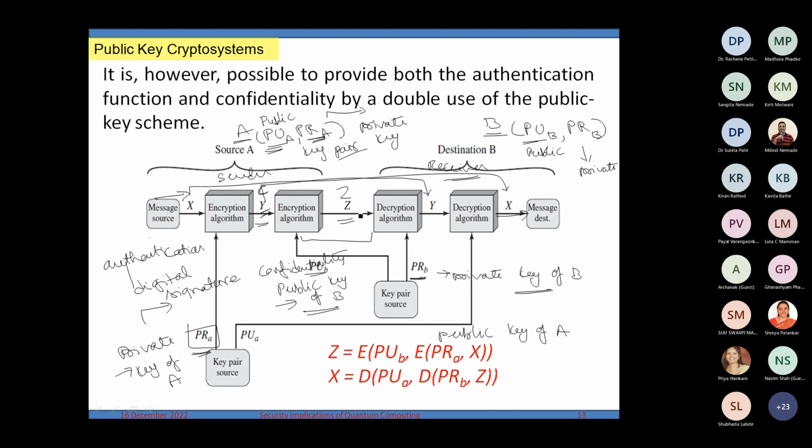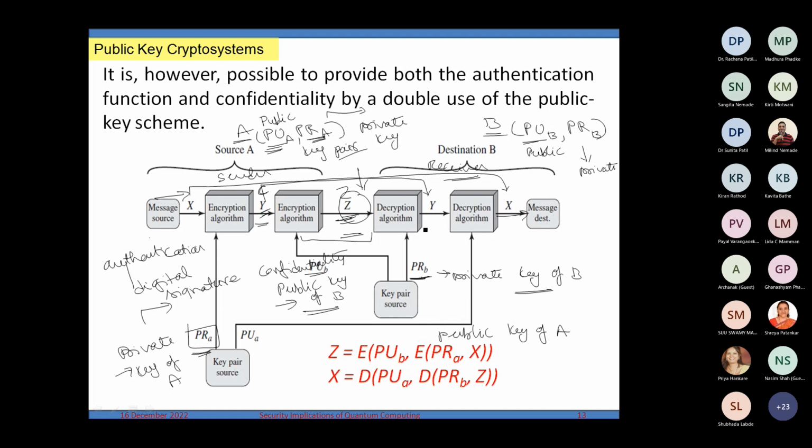So now if you see in the communication channel, even if any attacker sees this Z, they will not be able to decrypt Z, because to decrypt Z, what is needed is the private key of B, and no one else knows that private key of B except B. And hence we are able to achieve confidentiality.